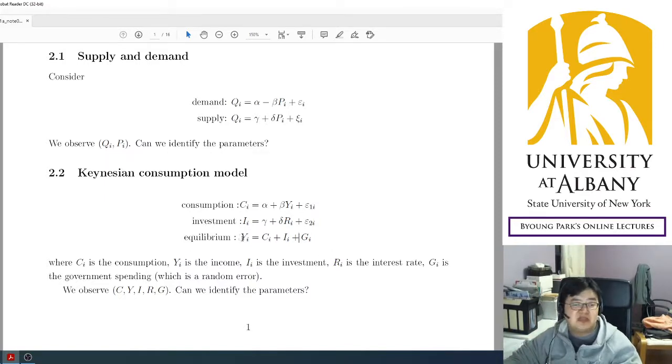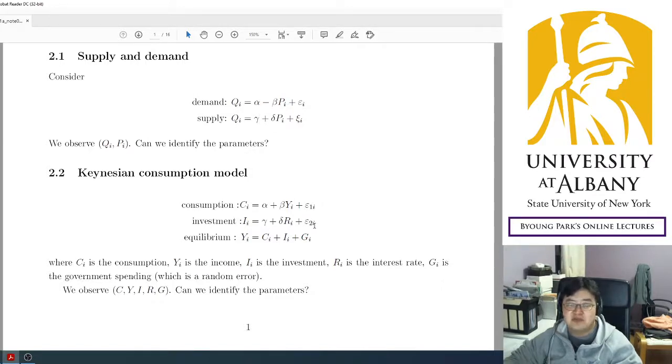And equilibrium is determined by income equaling total consumption plus investment plus government spending, right? If you allow an open economy, you may want to add net exports here, and also add more things like inflation and prices, but let's keep it as simple as this. We would like to identify these parameters. For example, beta, the marginal propensity to consume, is an important parameter to measure the effect of government spending.